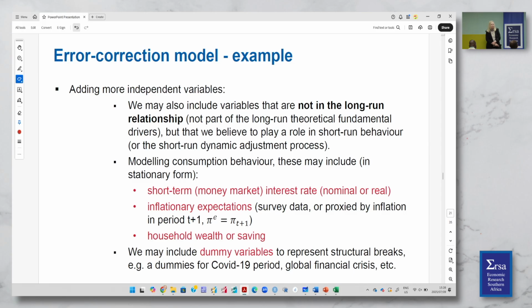And moreover, in many economies, you have a large number of people with no access to credit. So interest rate doesn't really matter in those decisions. So that's why we don't include an interest rate in the long run, because of that fact for South African consumers.